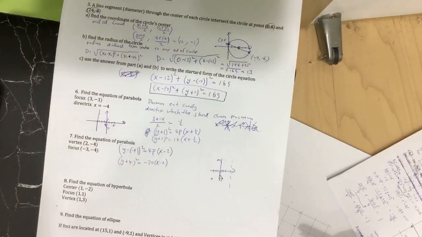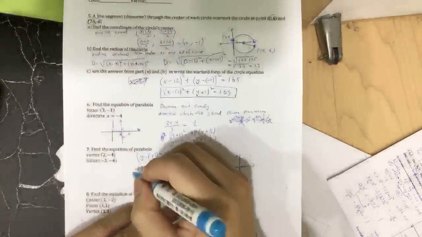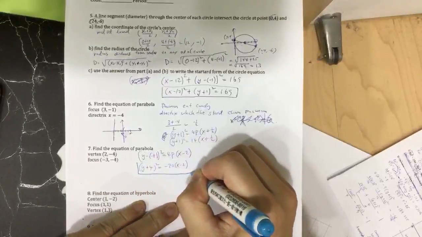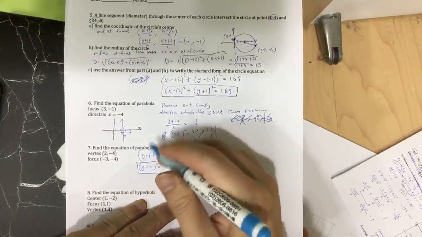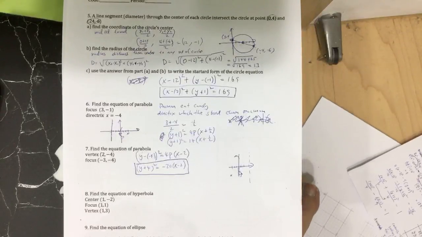This is actually a very easy problem, but the next 2 questions are a bit harder. Parabola for a lot of you is difficult. Okay, so here's my answer. I usually start by looking at which side it opens.